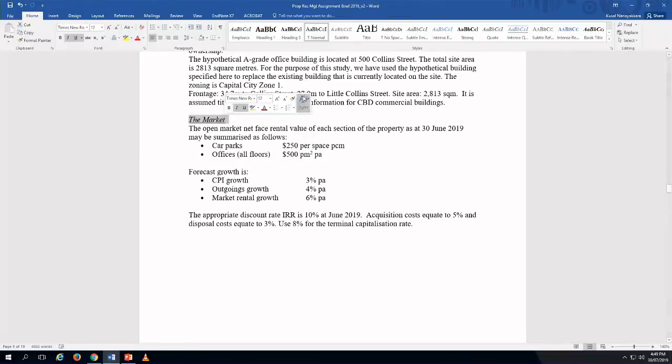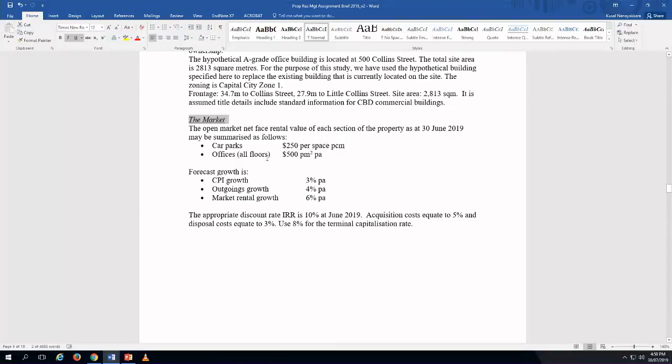The market. The open market net face rental value of each section of the property as at 30th June 2019 may be summarized as follows. Car parks, $250 per space per calendar month.